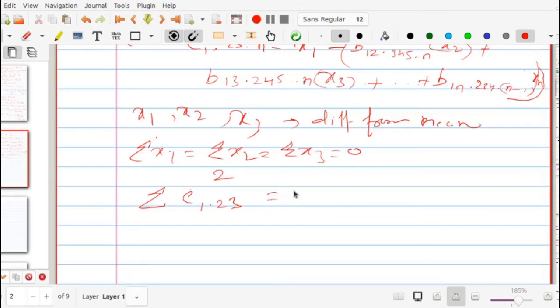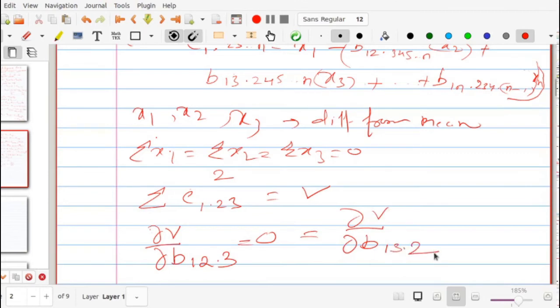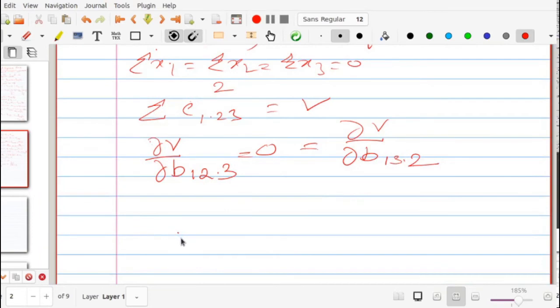And if we take this as some value, say v, then the partial derivative of v with respect to the regression coefficient of 1 on 2 keeping 3 fixed should be equal to 0, and this should also hold with respect to 1 on 3 keeping 2 fixed. This is from the concept of maximum and minimum values, right?